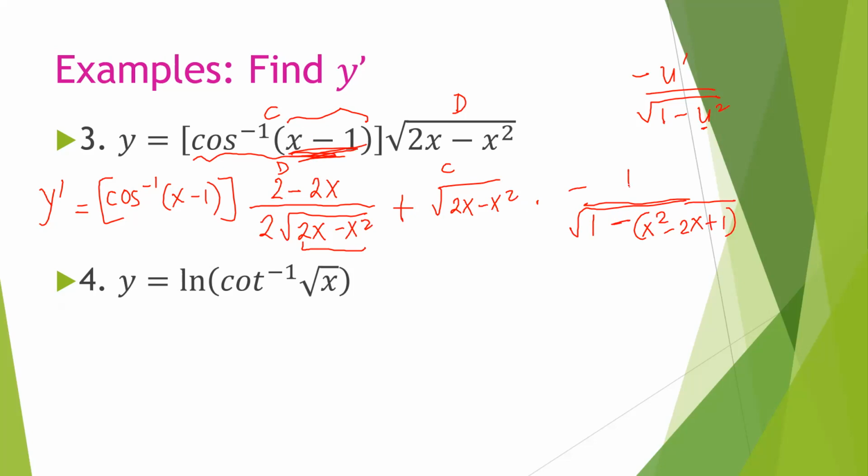So, 1. Okay. So, ayun, you can actually simplify this. 1 minus the 1 here will cancel out. So, you're actually left with negative x squared plus 2x. So, magiging square root of negative x squared plus 2x, which is actually this same expression. Okay? Diba? 2x minus x squared lang din.